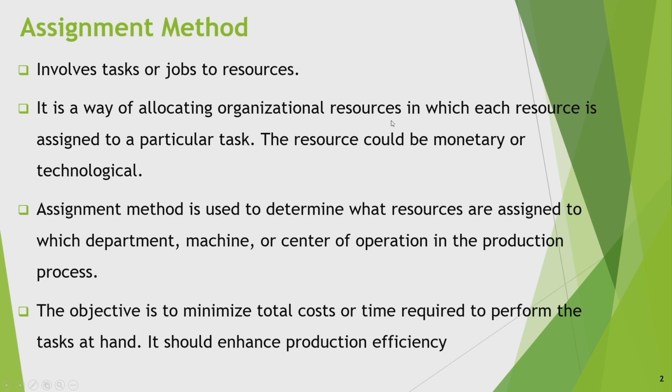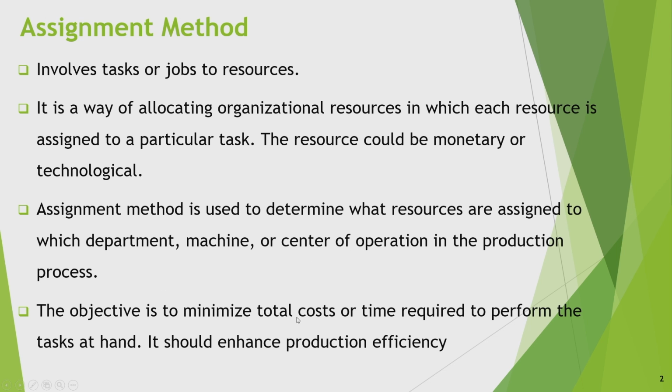So, resource could be monetary or technological. It could be money wise, like you have got 5 factories and you have to assign certain amounts to them, or it can be technology wise, you have 5 jobs, 5 machines, and in what way it has to be done. So, assignment method is used to determine what resources are assigned to which department, machine or center of operation in the production process.